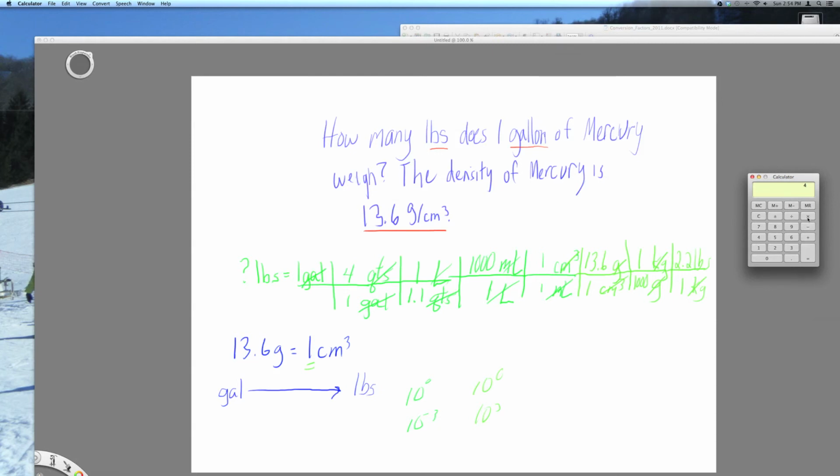So 4 times 1,000 times 13.6 times 2.2 divided by 1.1.